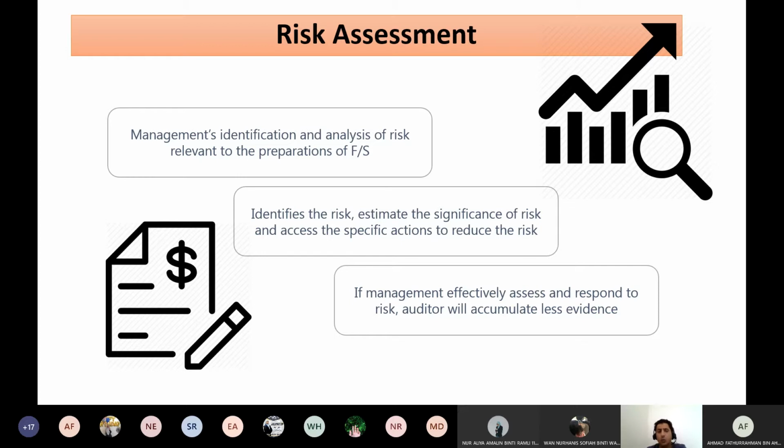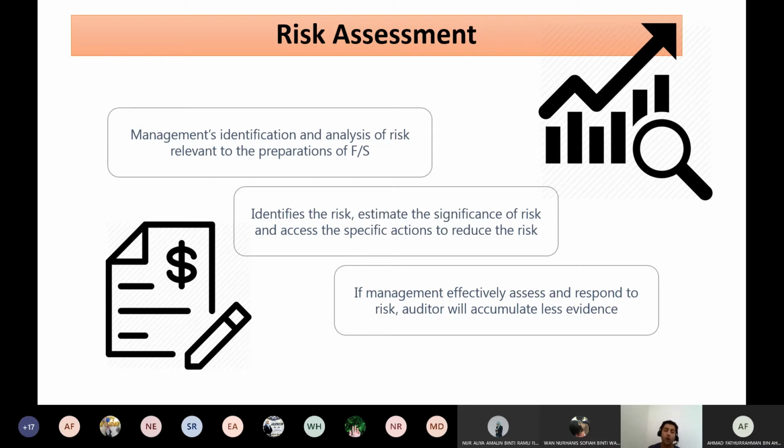So the management need to identify and analyze the risk related to the financial statement, and then they need to identify the significance of this risk and assess the specific actions to reduce and mitigate this risk. So they need to identify and analyze the possible risk related to the preparation process of financial statement.